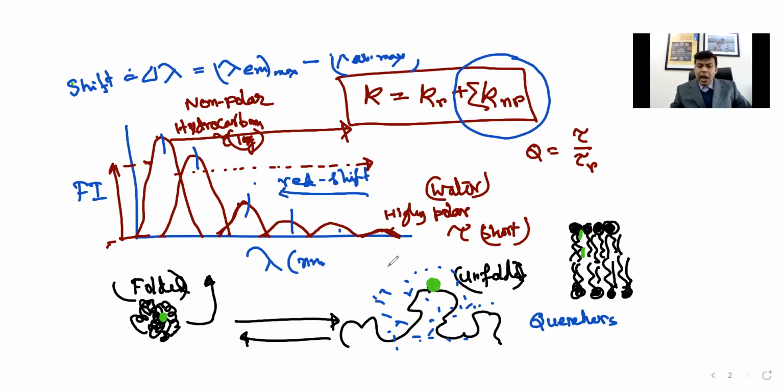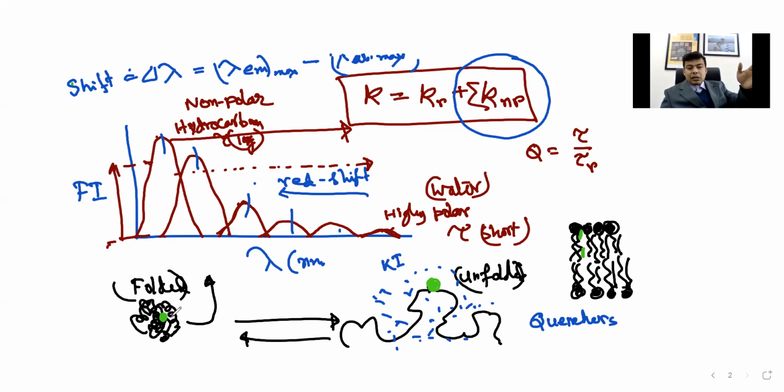For instance, if you add potassium iodide in tens and hundreds of millimolar concentration, which is huge, then of course iodide is going to quench tryptophan located in the unfolded protein much more efficiently compared to the folded protein, because iodide can only go close to the fluorophore if water goes there, because it's a water-soluble quencher.